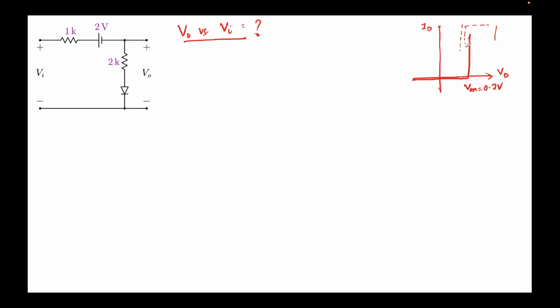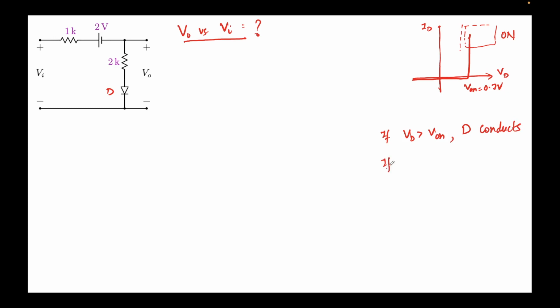Now let's analyze this circuit. In this region, just after V on, the diode is supposed to be on. So I'm writing this in words here: if Vd is greater than V on, diode D, let's name this diode D, conducts.